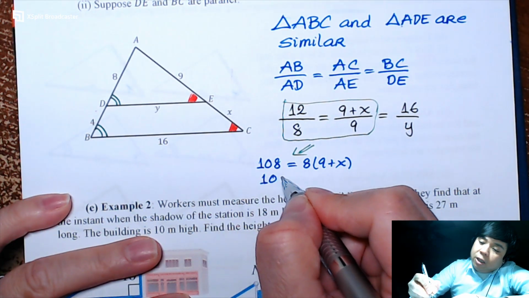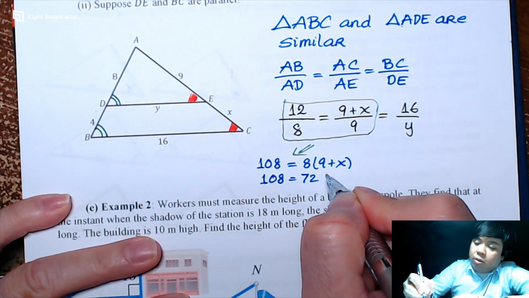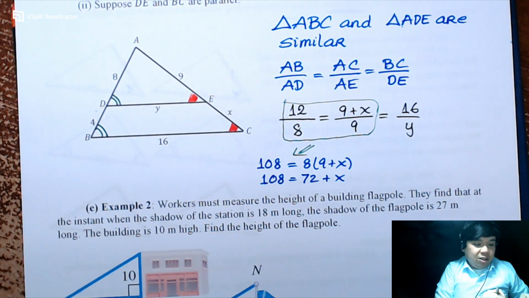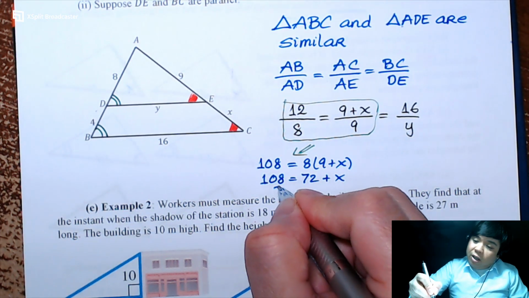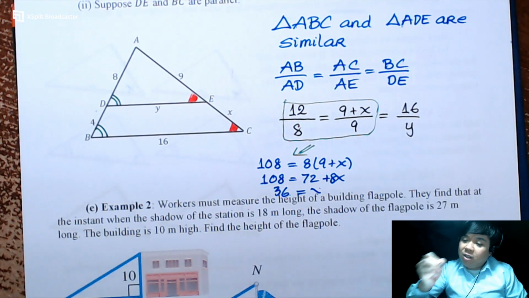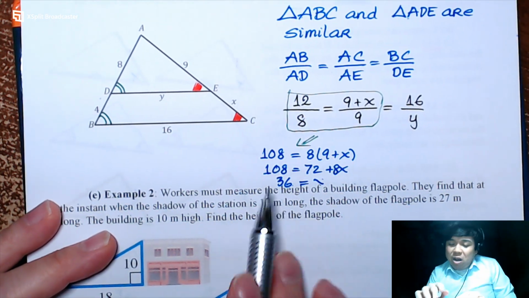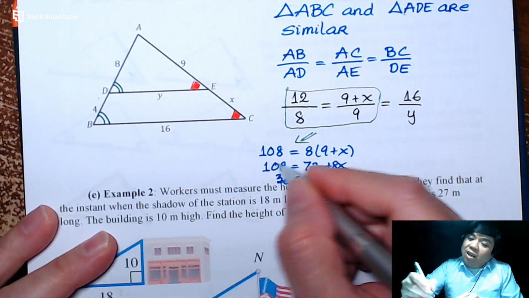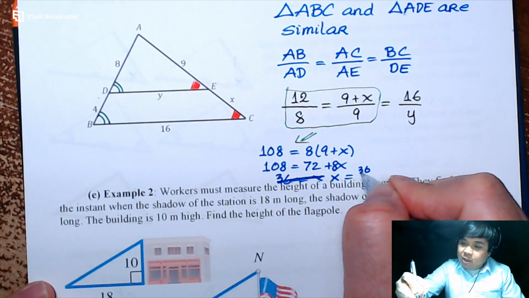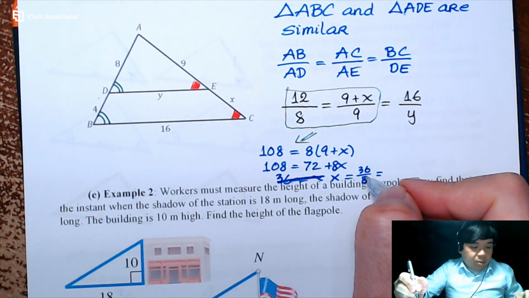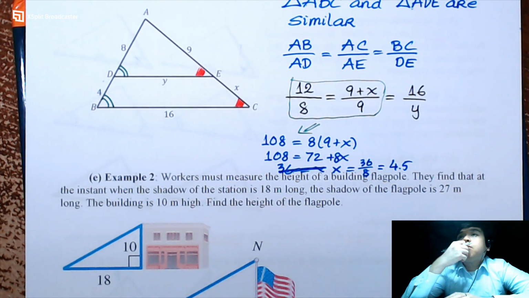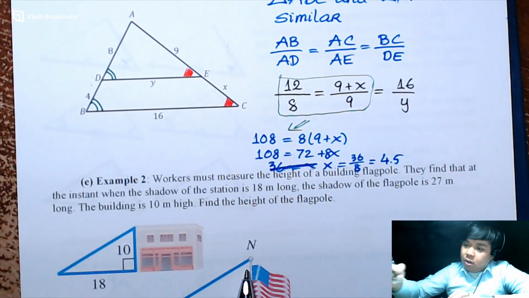So 108 is equal to 72 plus 8x. I forgot the 8 here, right? Sorry. So subtract 72 on both sides, I'll have 36, and then divide by 8. So x equals 36 divided by 8. That's 4.5.